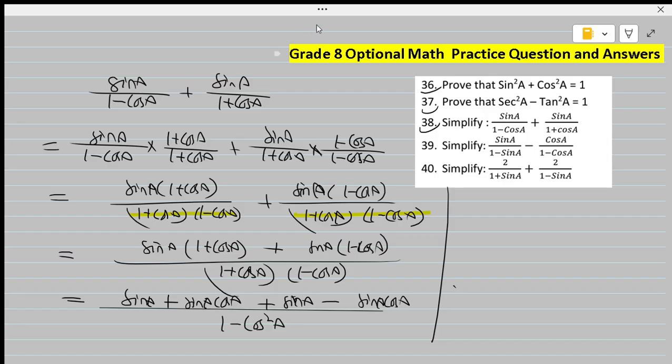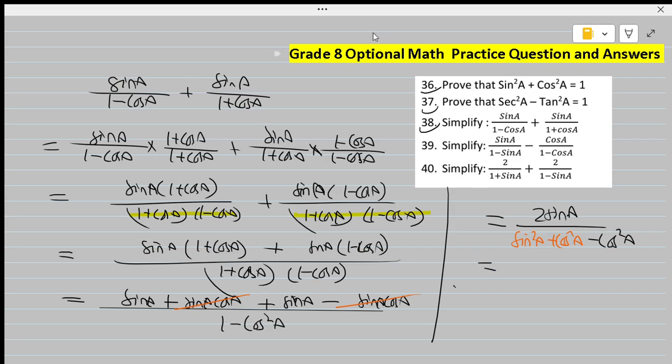And then you see these two terms cancel, plus and minus, and then sin A and sin A get added, and we get 2 sin A. Below there is 1 minus cos square, so in place of 1 we can use the golden formula, sin square A plus cos square A, and then minus cos square we keep the same, is it?